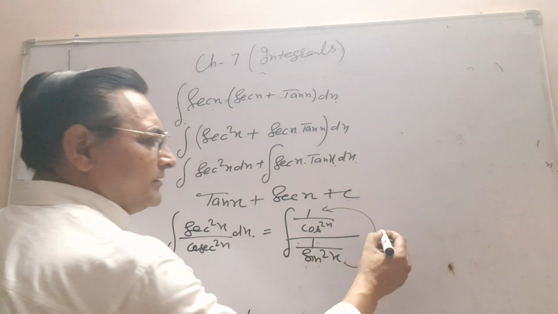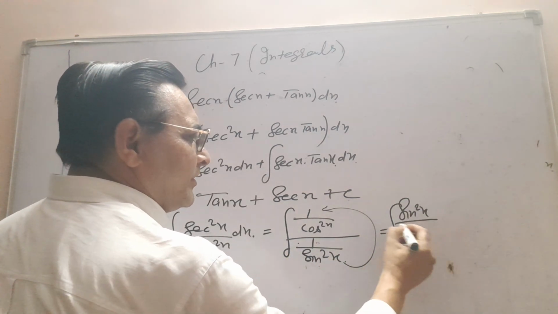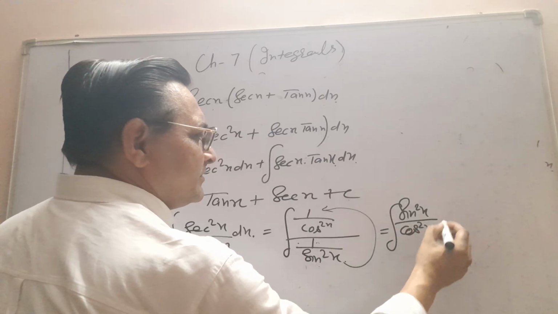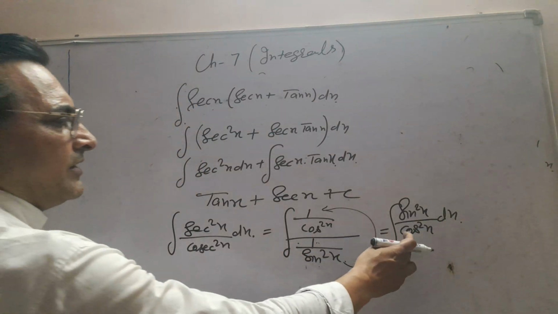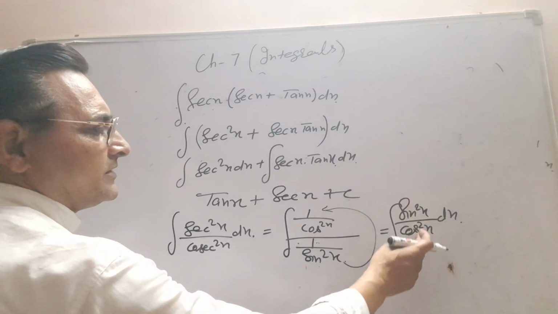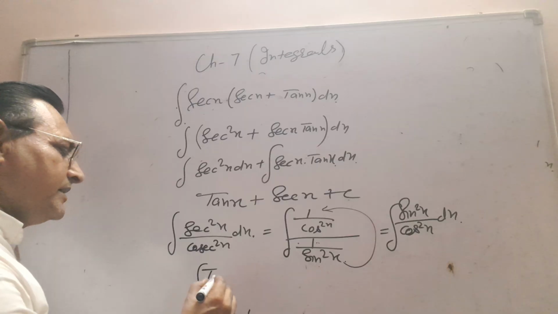So what will it be? This function will be sin square x upon cos square x into dx. Now this function is converted into a single valued function. Sin square x upon cos square x will be tan square x.